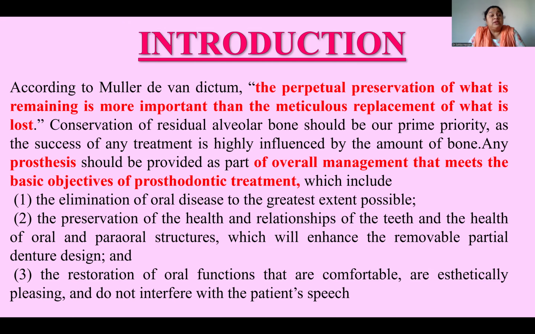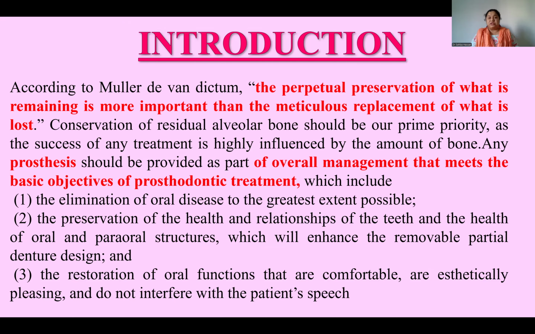According to Muller D. Van Dictum, perpetual preservation means that what is remaining is more important than the meticulous replacement of what is lost. When we are talking about removable partial denture, a few teeth are present. Even if one tooth is missing, that is partial denture.